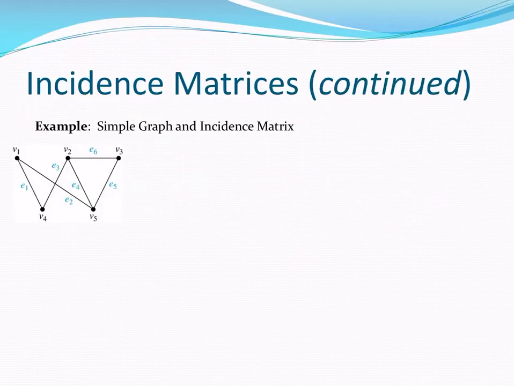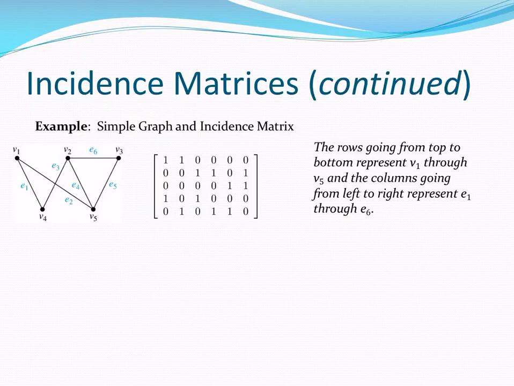And since an edge always has 2 endpoints, a simple graph will have 2 ones in every column, where these are v1, v2, v3, v4, and v5, and these are edge 1 through edge 6. So edge 6 connects v2 to v3, and we have v2 and v3 as one valued in this matrix.